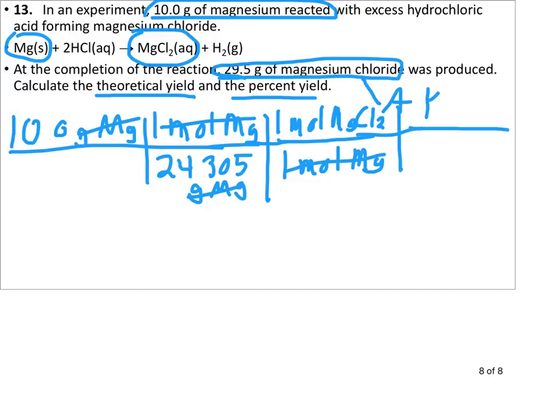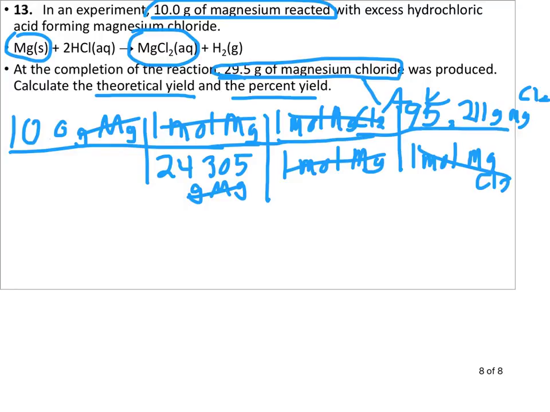And then we switch it to grams, so 1 mole MgCl2 is the same as, figuring our molar mass from the periodic table, 95.211 grams of the MgCl2. 1 mole of MgCl2 divides out with 1 mole of MgCl2.